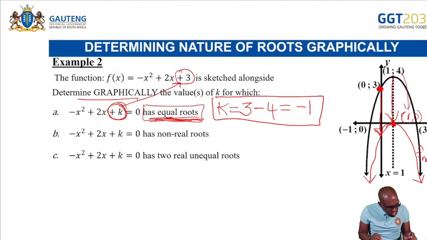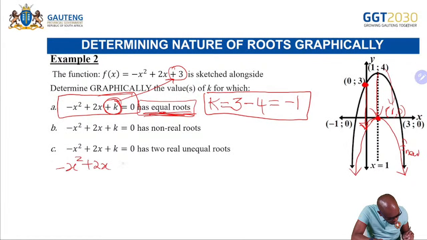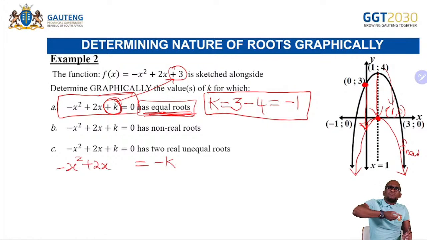and check whether I can change this form to that original form. So I will then do this: minus x squared plus 2x. I will then say, let me take my unknown k and make it the input and put it in the place of y.